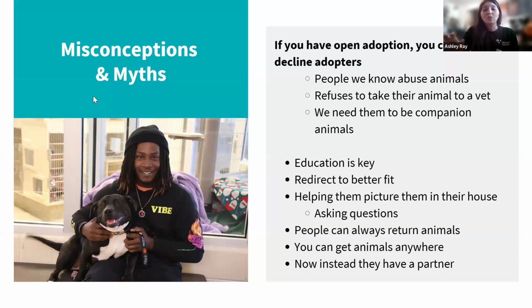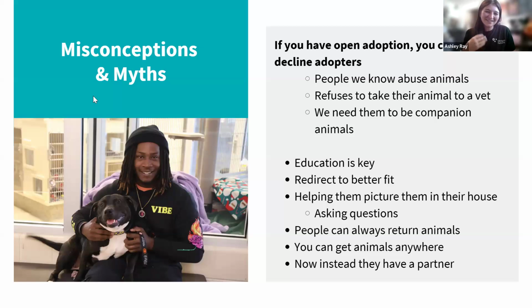So the important thing that we want to remember when it comes to open adoption is that education is key. So even if someone brings us some information as we're having these conversations that is a little like, oh, I don't know if that's the best thing to do, then that's where our adoption counselors come in and try and talk through, well, actually, it's best practice. An easy one that I thought of is somebody said that they were going to completely feed their cat milk when they adopted.